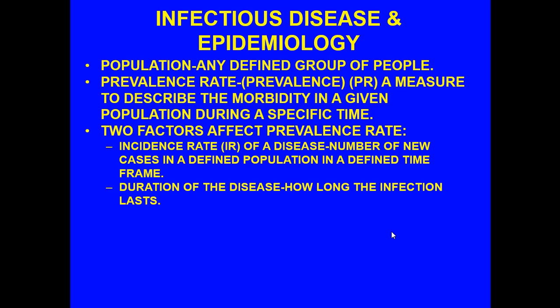How long does the infection last? For some people, the infection lasts 49 days, meaning that they got sick and they were down for 49 days. If you think about the flu, you might say to yourself, oh yeah, last time I had the flu, I was down for a couple of days. I just slept, and after that, I felt better.